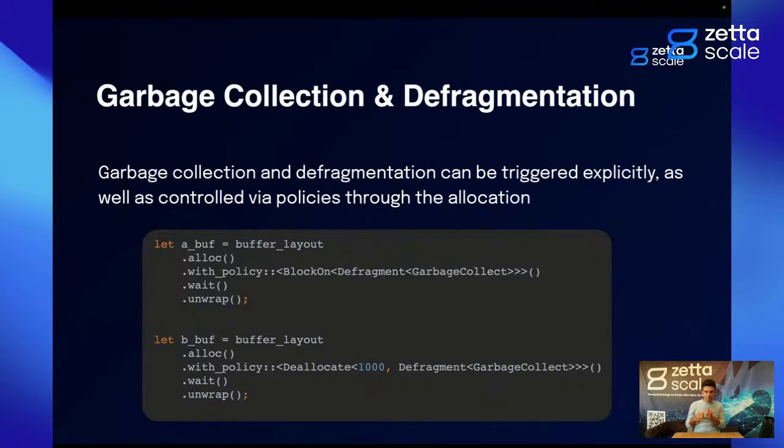Here you have two examples. When we try to allocate the A buff, okay, what we do is allocate with a policy that says, please block on defragment and garbage collect, okay, which says, if you cannot allocate a buffer, then try to defragment, because it's just a matter of coalescing buffers in the free list that are adjacent in address, okay?